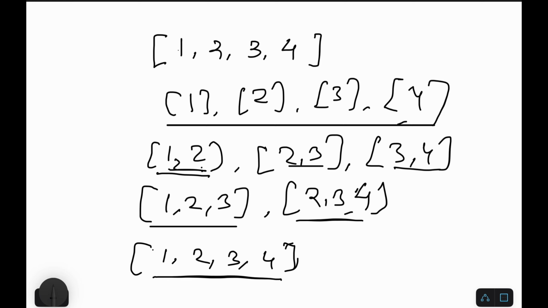A subarray can be defined by two indices. For example, here it's only one index, so the left bound and right bound are both the same. So we can define the two indices, the left bound and the right bound.